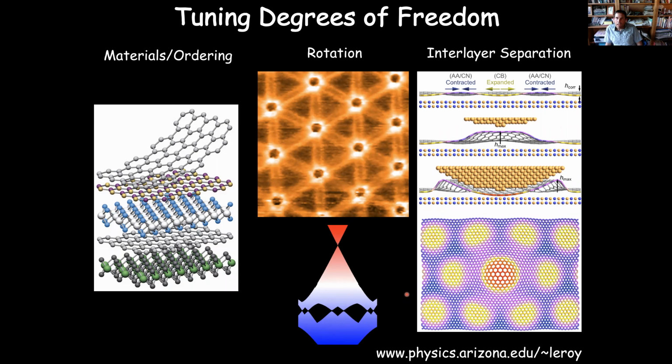We can't really change interlayer coupling with gates. This image on the right is some work we did changing the interlayer coupling with pressure in the samples. So that's another external knob that you can use to change that interlayer coupling. But you can't do it with something like a gate voltage, at least, maybe you can, but it's a very minor change.